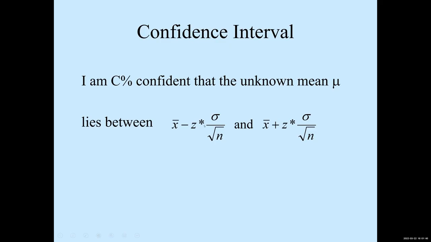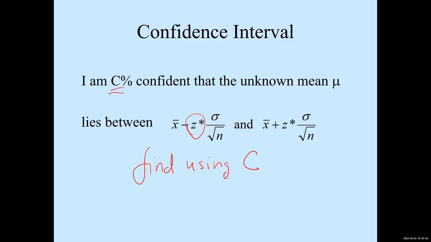The Z star is a value that we are going to know based on what we set for our confidence interval. We're going to find it using C. We're C% confident.